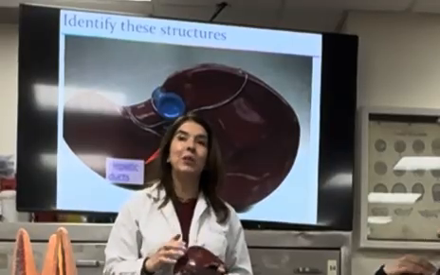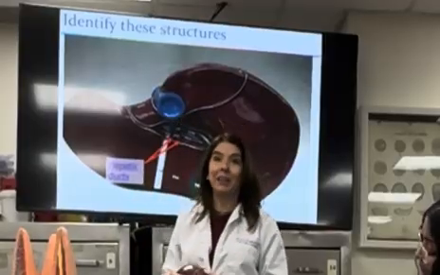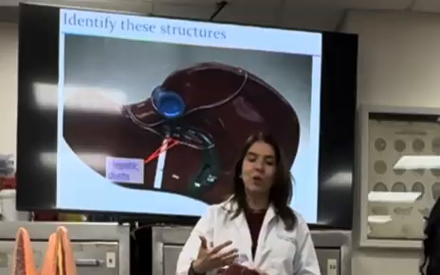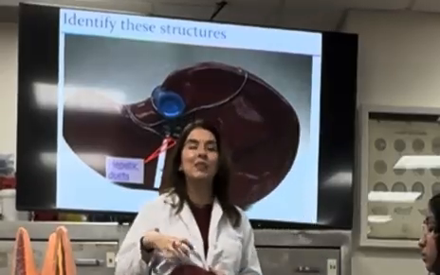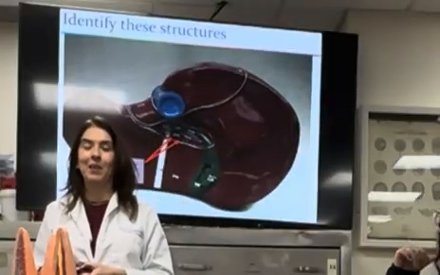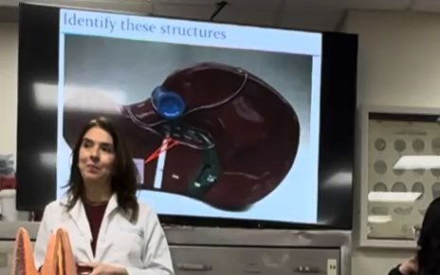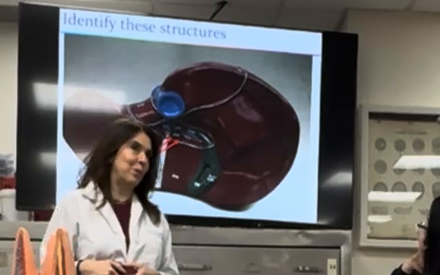We have to be careful with our diet because it's very good at storing fats, and you can end up with a fatty liver. In other words, as it analyzes blood, it can remove some of the nutrients and store them, or it can add nutrients to blood. What else is important about the liver? What hormones are produced in the liver?